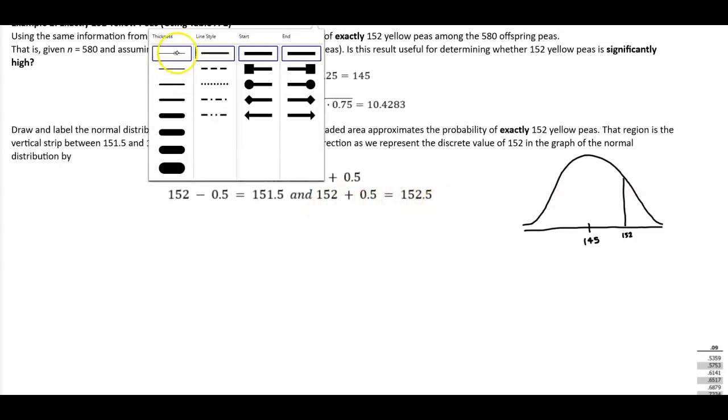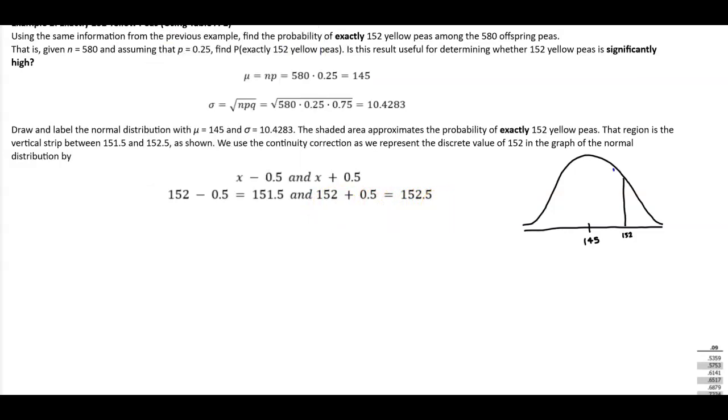Now we're going to label those two. Let's say this represents the value of 151.5, since that is below, and over here, this represents 152.5. Let me make it a little bit larger here for the area, just so that we can see what's happening. Since we're looking for the approximation, we're looking for the area in between these two values.